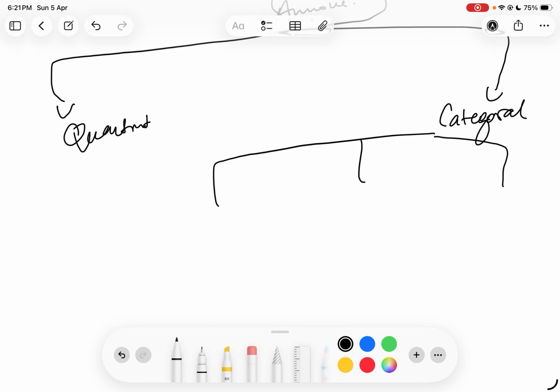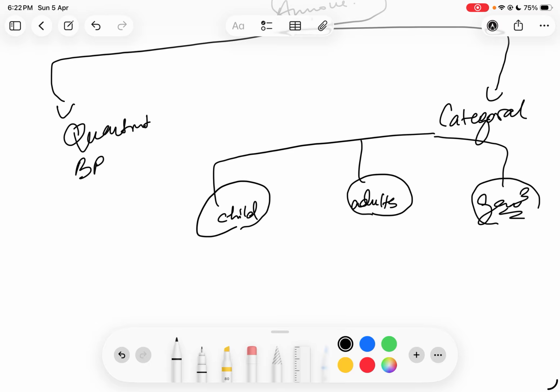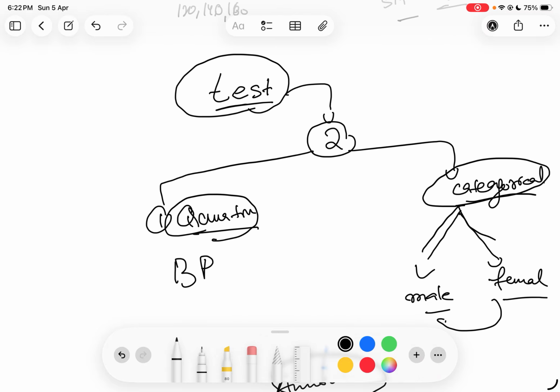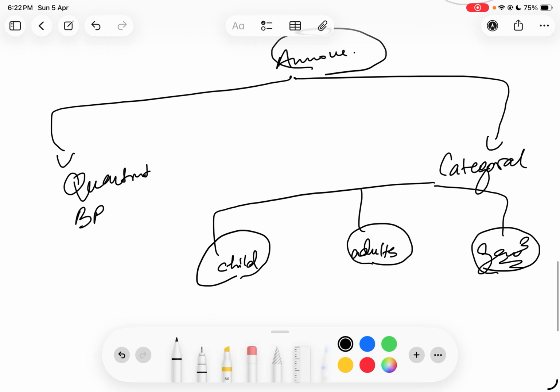Again taking blood pressure, it would be in children, in adults, and in the geriatric population. So this is the main difference: the t-test only deals with two categories, and ANOVA deals with three or more categories.